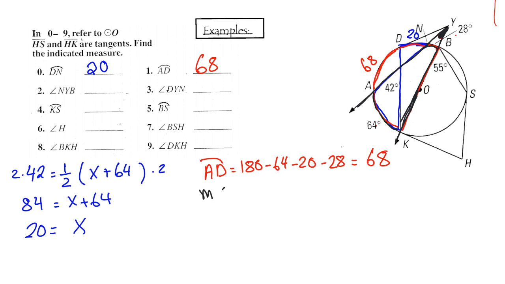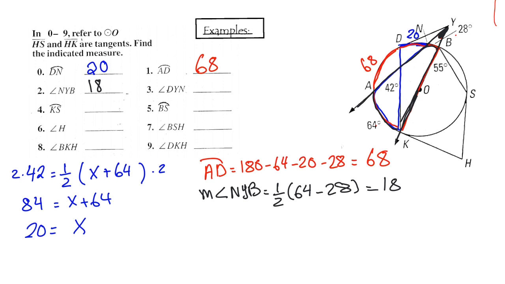So the measure of angle NYB is equal to half of the big arc, which is 64, minus the small arc, which is 28. So 64 minus 28, divided by 2, is equal to 18. So the measure of this exterior angle is 18, and I'll put the information right here in my small table.